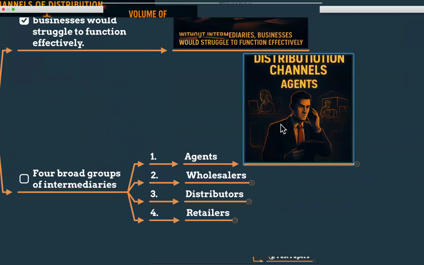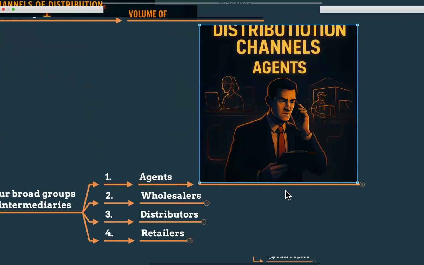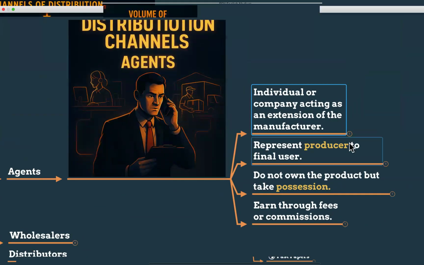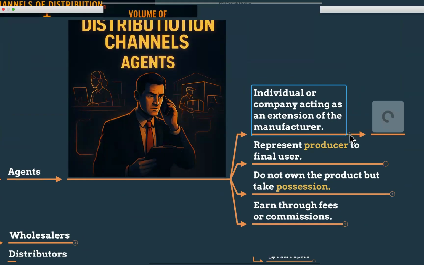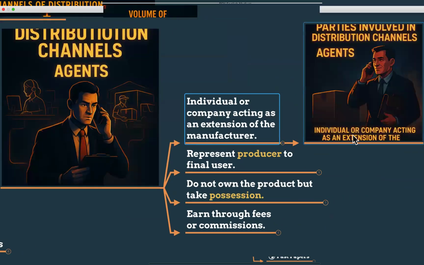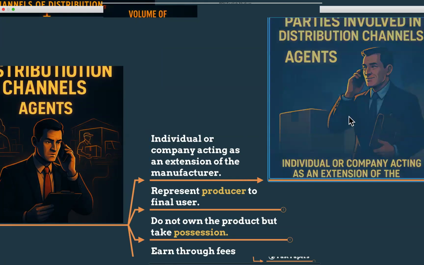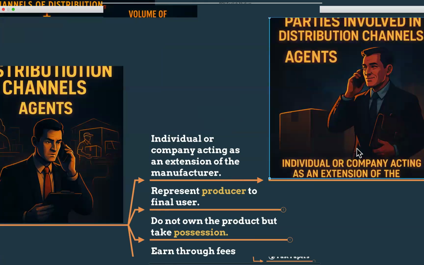Let's learn about agents first, right? Agents are an individual or company acting as an extension of the manufacturer. It means these are representatives who sell on behalf of the manufacturers, but the important point is, without owning the products.